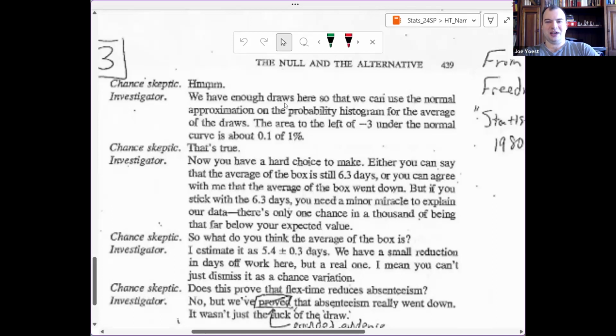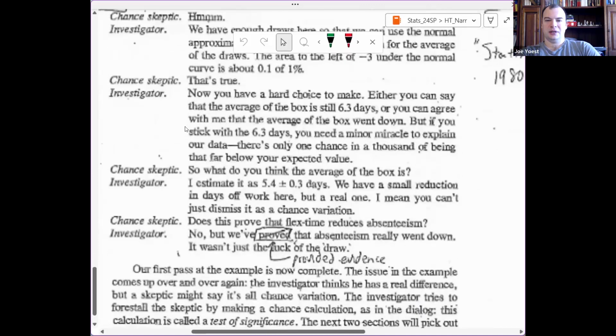The investigator says, we have enough draws here so that we can use the normal approximation of the probability. The area to the left of -3 under the normal curve is about 0.1%. And he says, now you have a hard choice to make. And this is really the crux of the interpretation here, where the investigator says you have a hard choice to make.